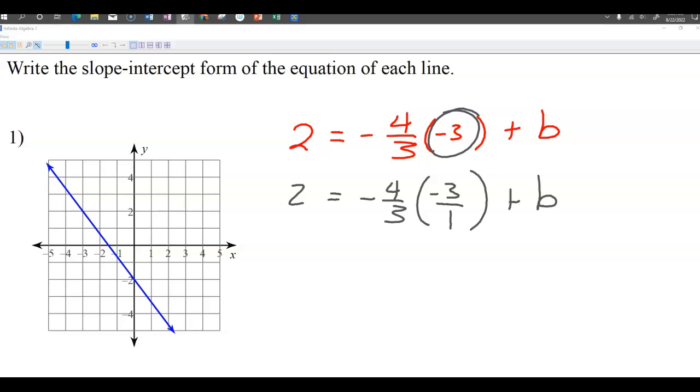And then when you're multiplying fractions, the rule is you just multiply straight across. So you're going to do 4 times 3 and 3 times 1. So that's, yeah, negative 3. You're right. Oh, and actually this is a negative fraction too. So we have negative 4 times negative 3 is positive 12. 3 times 1 is 3.